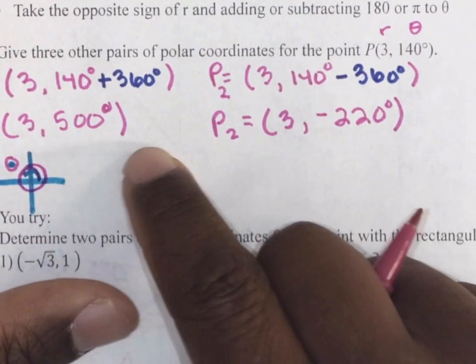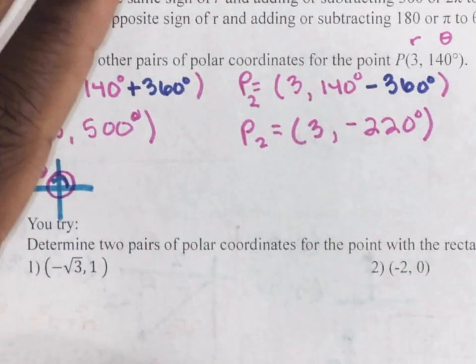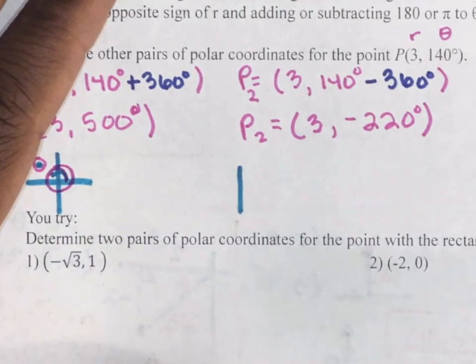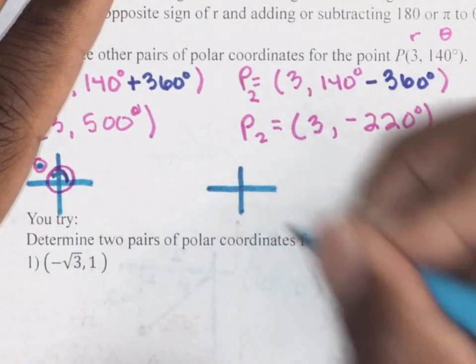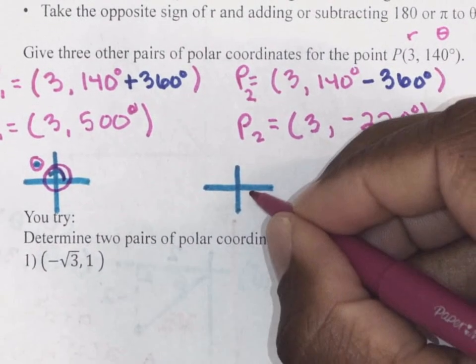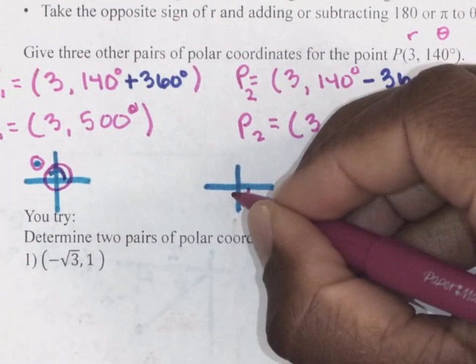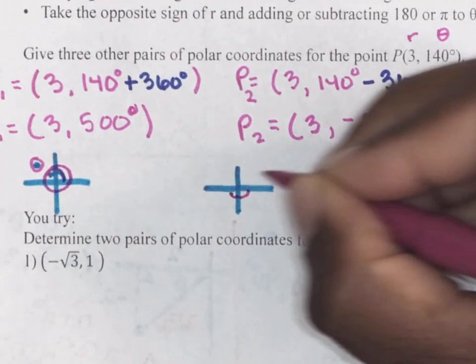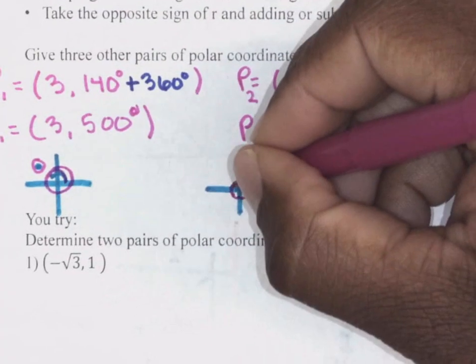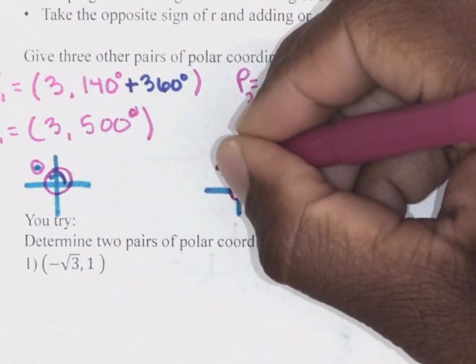So 140 was in the second quadrant right here. Let's see where this one falls. Which quadrant is negative 220 in? The second. So I would go 90, 180, and then 40 more. That takes me to the second quadrant. Then I would go out 1, 2, 3.